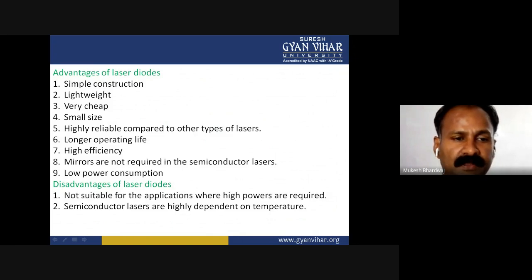It has a longer operating life, high efficiency, low power consumption, and mirrors are not required in the semiconductor laser. Disadvantages of laser diodes: not suitable for applications where high powers are required. Semiconductor lasers are highly dependent on temperature.